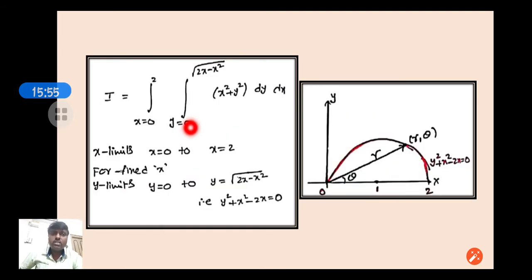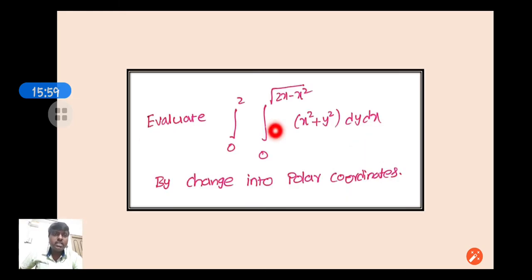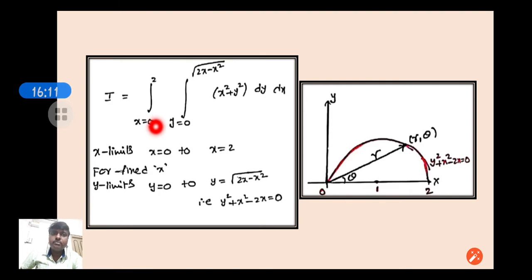First of all, I go through the given integration. You can observe that the inner integration limits are in terms of x, so these limits correspond to y, and the outermost limits correspond to x. The same thing I am writing here: integral x equal to 0 to 2, integral y equal to 0 to root over 2x minus x square of x square plus y square dy dx.